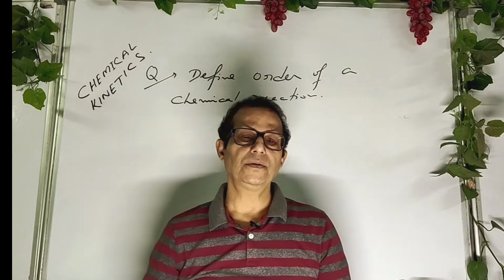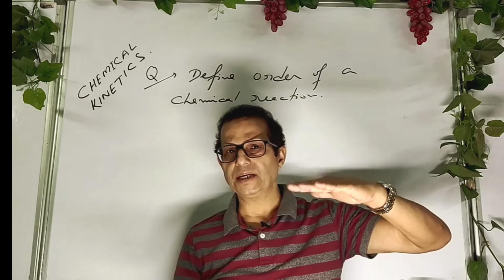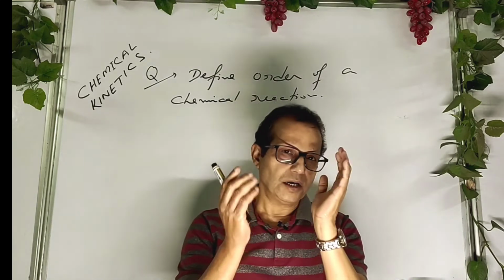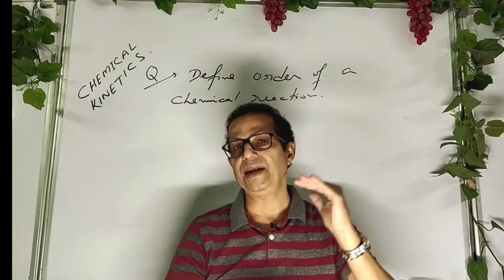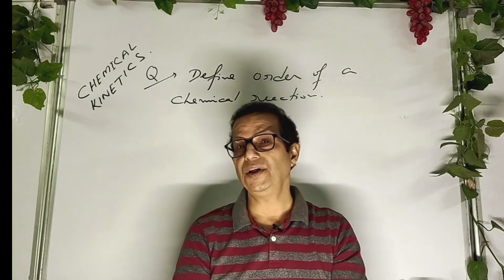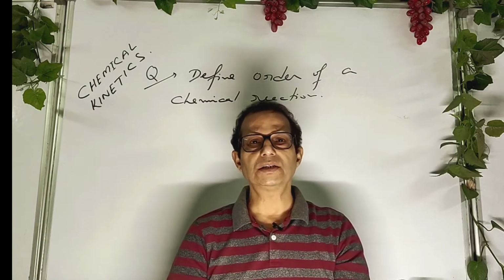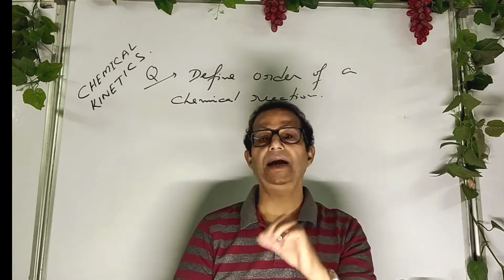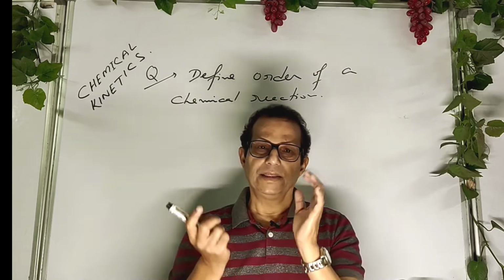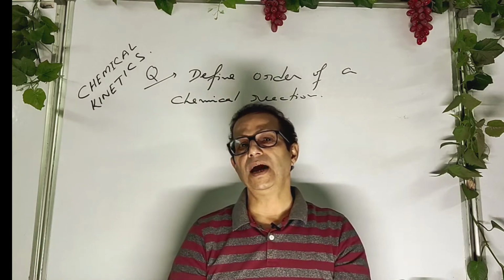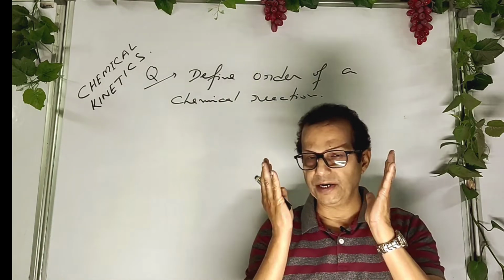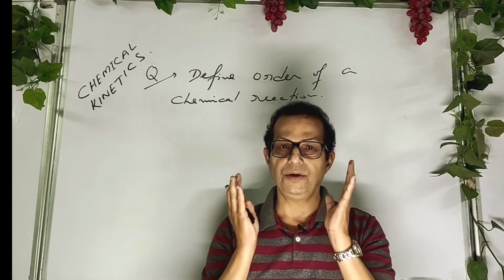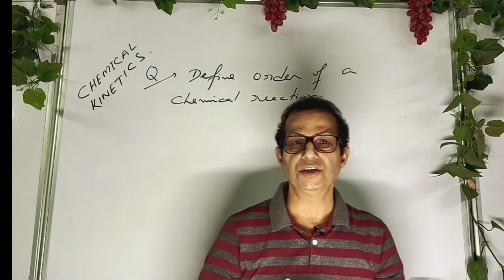So listen, whenever a reaction takes place, the speed of a reaction, that is rate, sometimes depends on some power of concentration of reactants. That is considered as order. For example, try to understand and then we will write the definition.